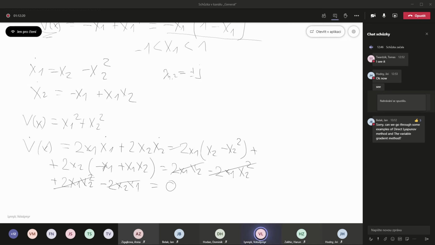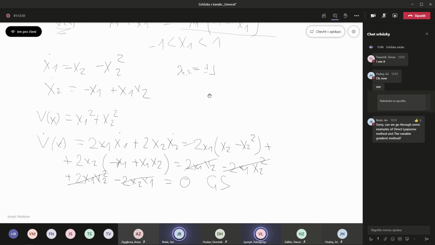It's a question. Can someone try to say? Well, it's stable because it's 0 everywhere. Okay, it's stable, it's global stable, yeah? It's global Lyapunov stable or global stable because the derivative of V equal to 0.